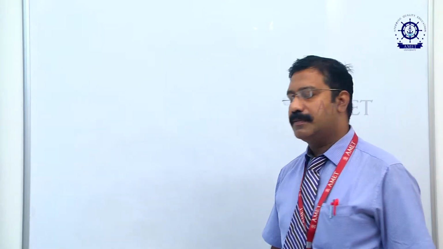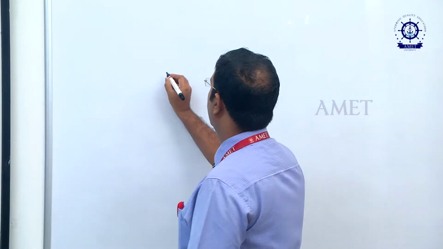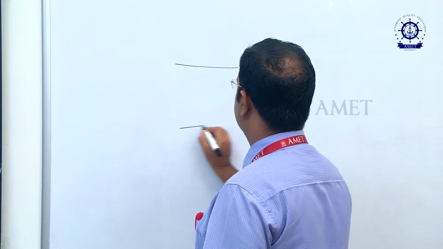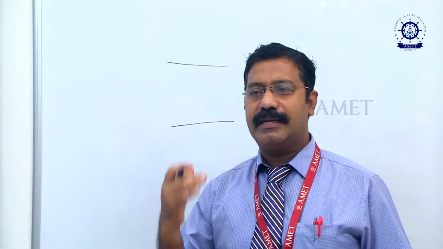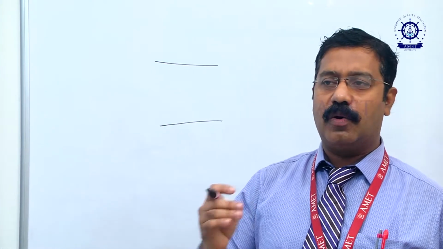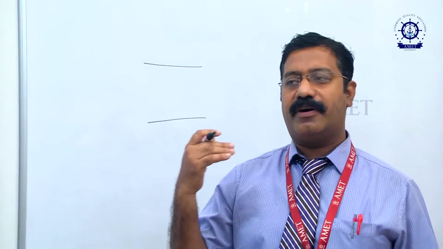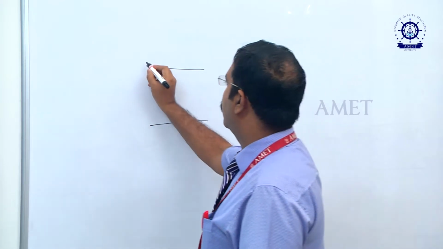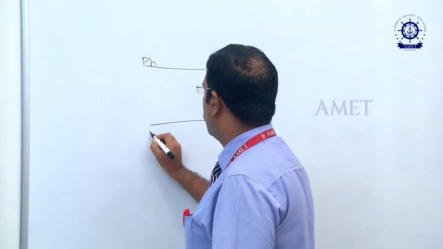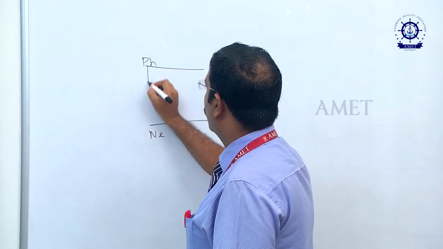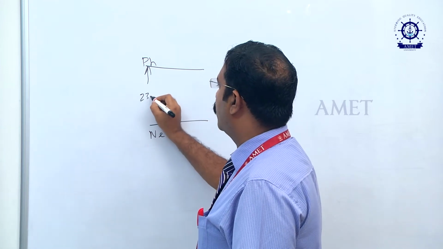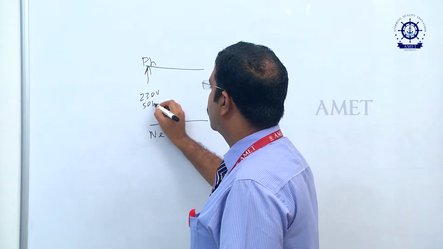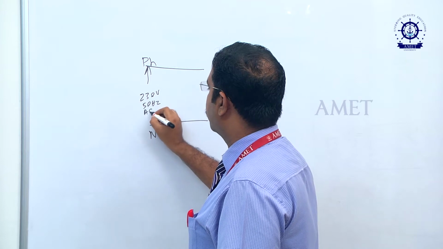The simple circuit will have phase and neutral. Electricity flows only in a closed path, and for a single phase supply we need 2 wires, one phase wire and the second the neutral wire. This will be connected across a supply of 230 volt, 50 hertz AC supply.